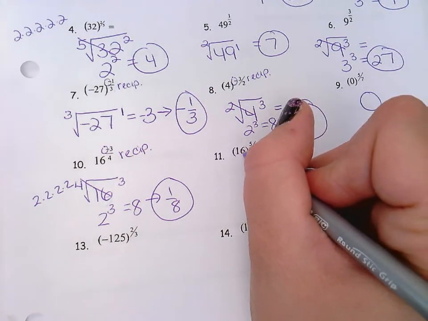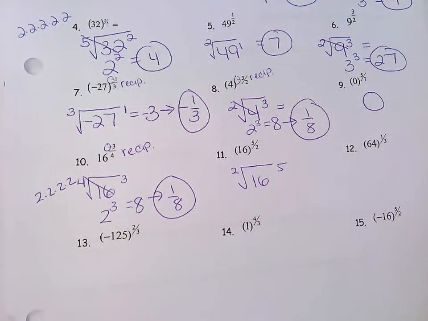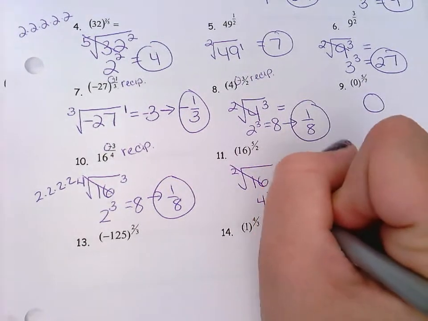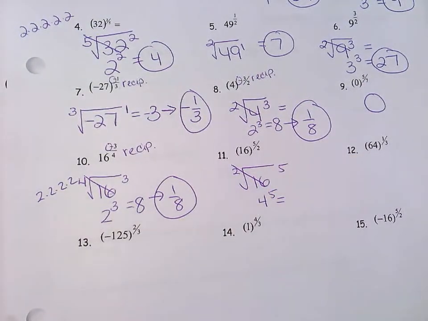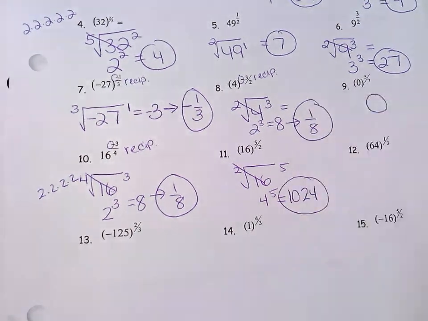So number 11, I'm going to take the square root of 16 and then raise it to the 5th power. So this is one problem that you probably needed a calculator for, because I don't know 4 to the 5th power in my head. 4 to the 5th power is 1024.